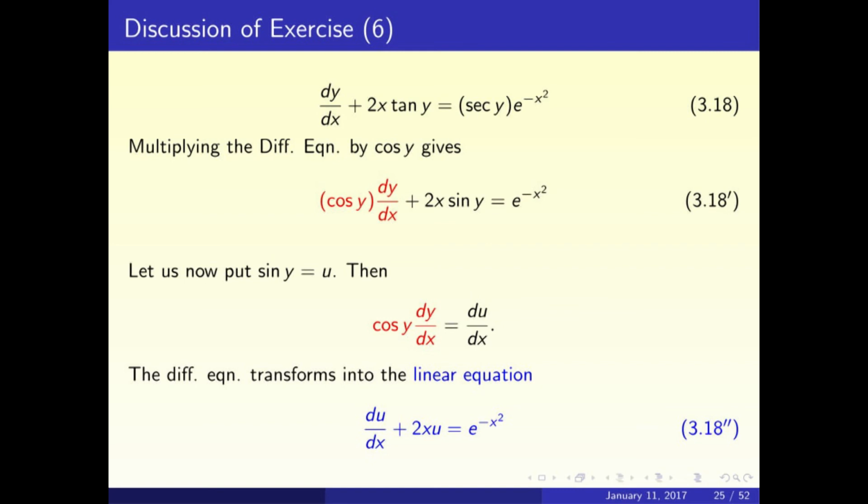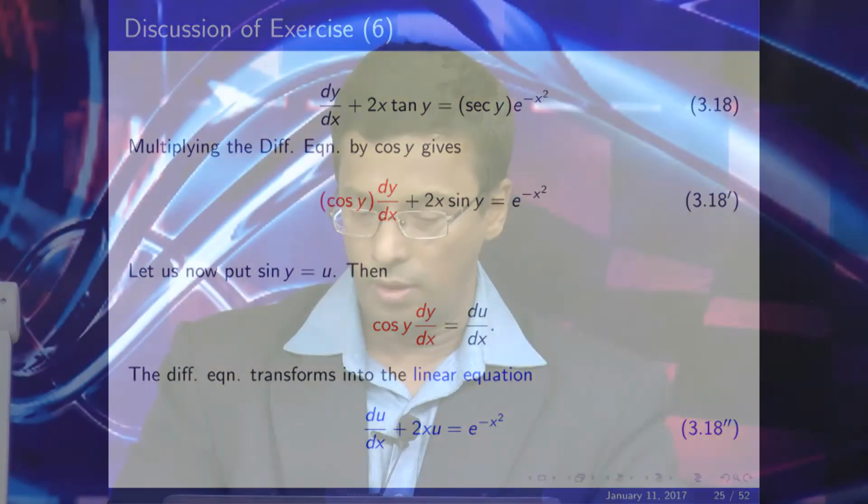It transforms into the linear equation du by dx plus 2xu equals e to the power minus x squared, and you know how to deal with that equation. It's a linear differential equation. Okay, so I think with this slide, I shall stop today's lecture.